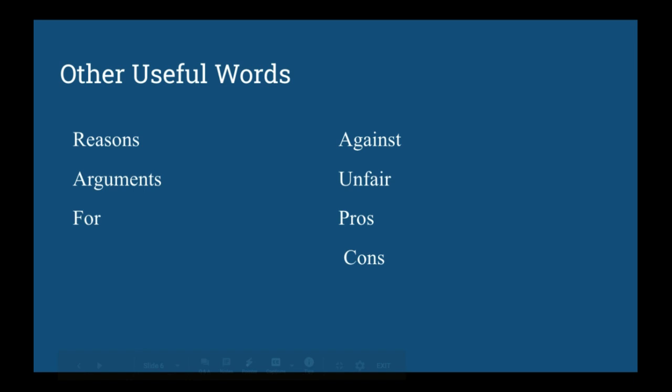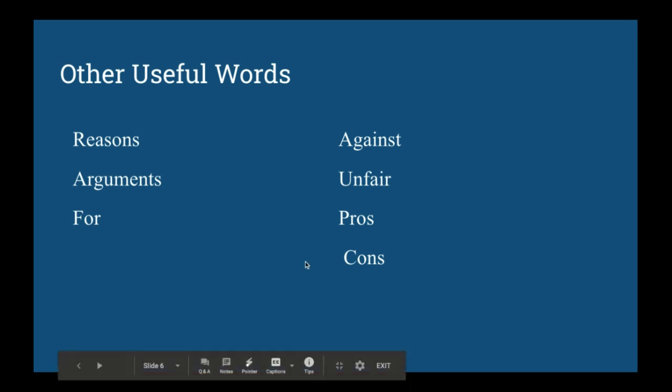Here are some other useful words and what they mean. Reasons: you need to make sure you have several reasons in your arguments and that you back up your reasons with support. Arguments: you need arguments for and against. If someone is arguing for getting a dog, they want you to get a dog.